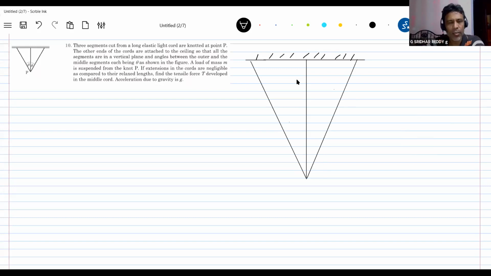So these are the three segments, and the angle between them, theta, is also given.